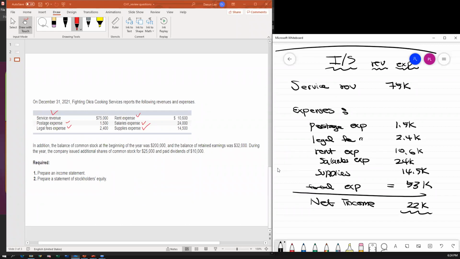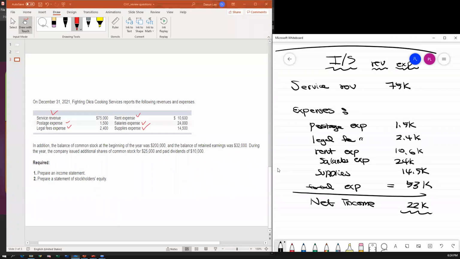Again, this income statement looks very ugly because my handwriting is ugly. But if you use Excel or any third-party programs, it will look very pretty, okay? So this is an income statement. This is what we learned last time.